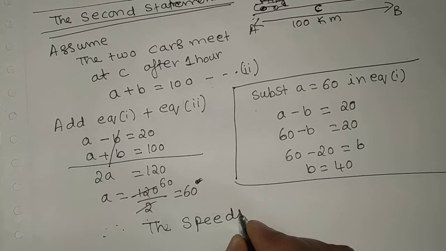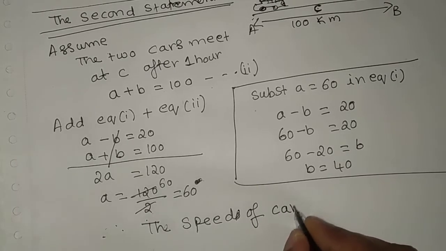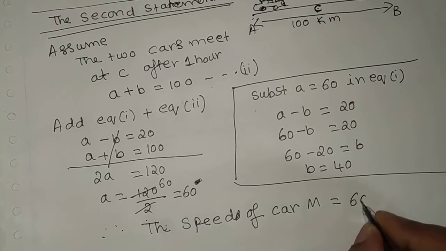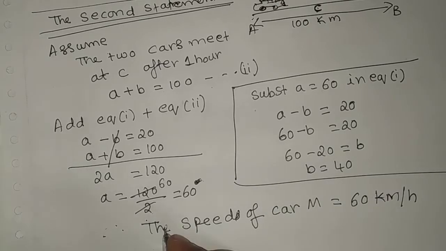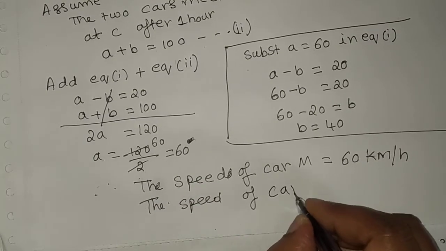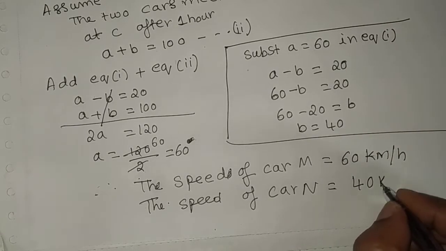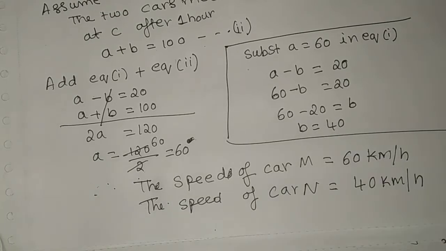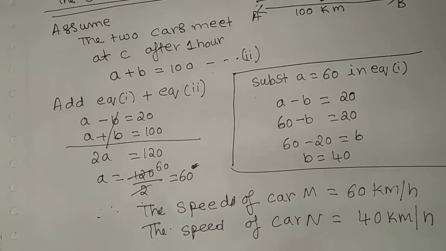Finally, the speed of car M is equal to 60 kilometers per hour, and the speed of car N, which is B, is equal to 40 kilometers per hour. So this is the fourth question, calculating the speed of the two cars. We move on to the fifth one.